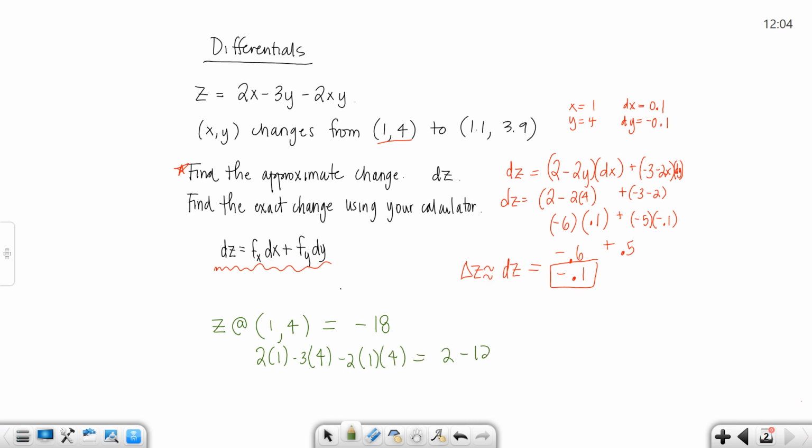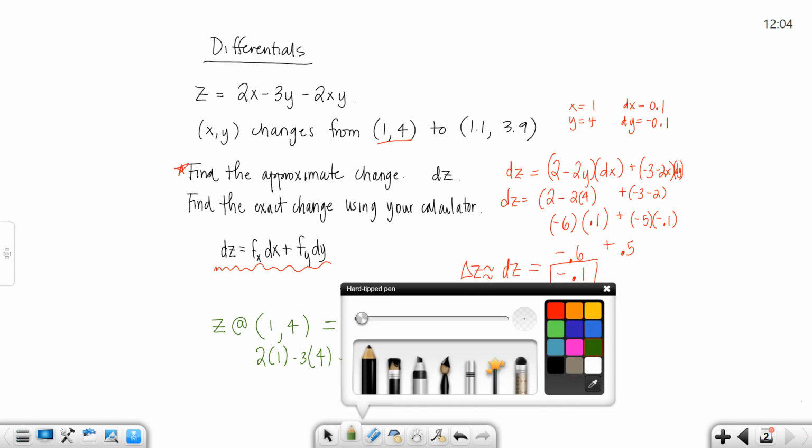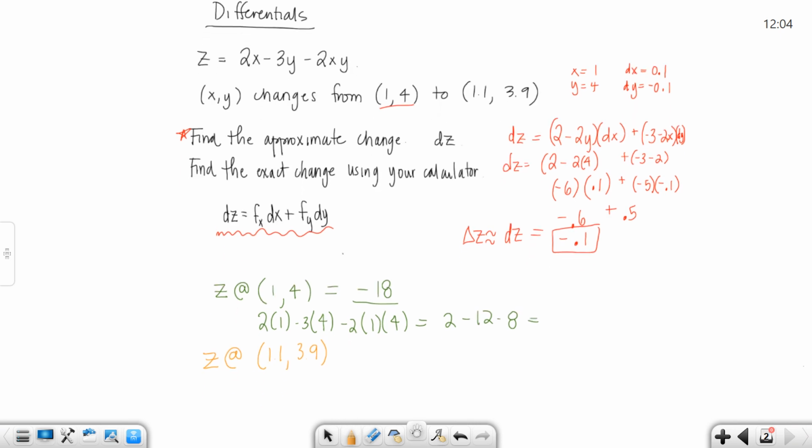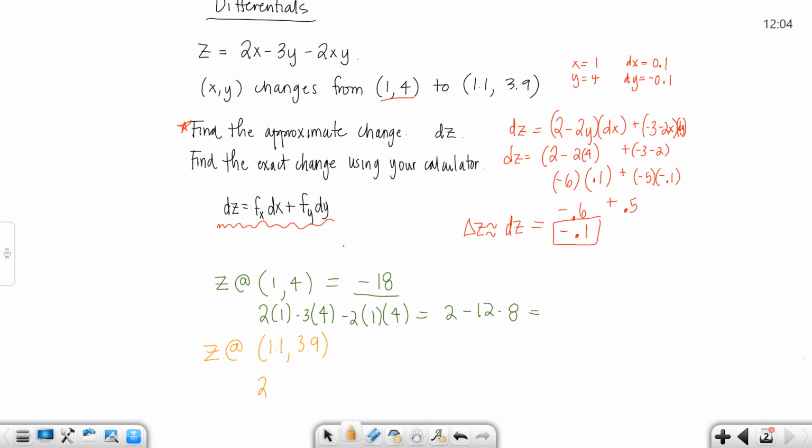So you get 2 minus 12 minus 8, negative 18. Okay, so that's that one. But you also need to find z at the other point, which is 1.1, 3.9. So if you plug that in, you get 2 times 1.1 minus 3 times 3.9 minus 2 times 1.1 times 3.9. And what you should get is negative 18.08.